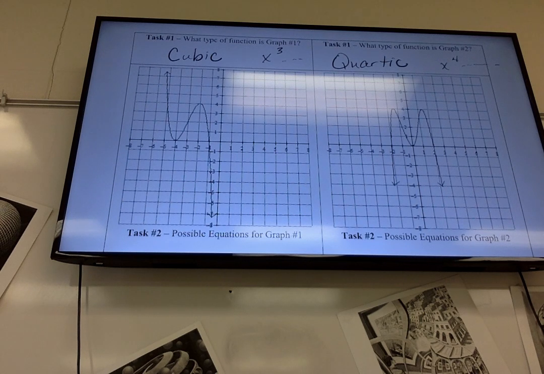These are not really parent functions, but the x to the 4th is a parent function. But this itself is not a parent function. It's going to be moved. That makes sense. I count the up downs and add 1.